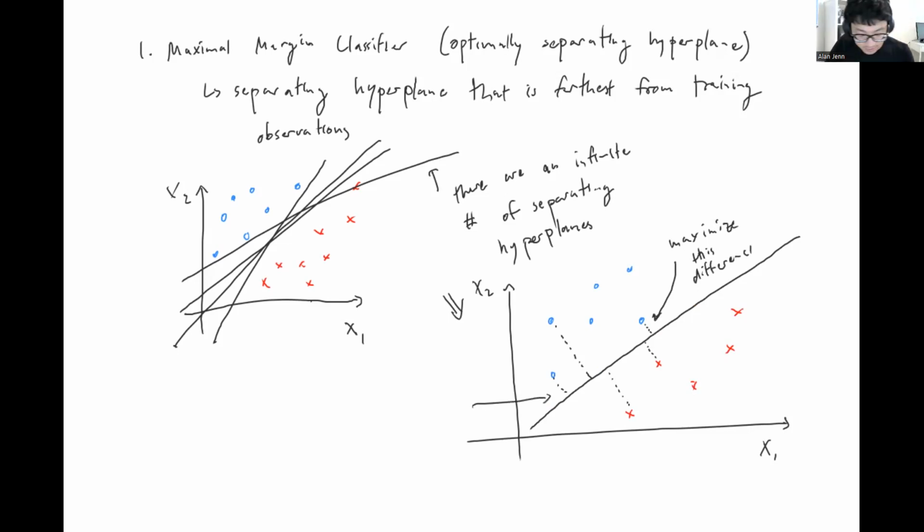These distances are actually known as support vectors. They look like pillars that are holding up your hyperplane. You're maximizing the perpendicular distance to the point from your hyperplane.